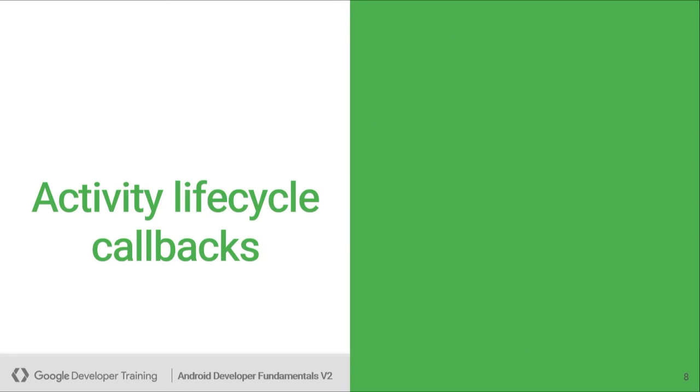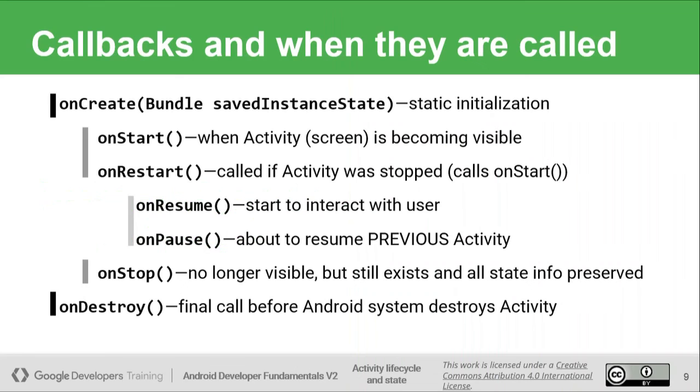So, activity life cycle callbacks. As you can see, these are special predefined functions, and we call those functions when we need them. onCreate takes a bundle of key-value pairs, for static initialization. And this is the onStart function. As its name suggests, this is the start state of the activity, and it becomes visible.